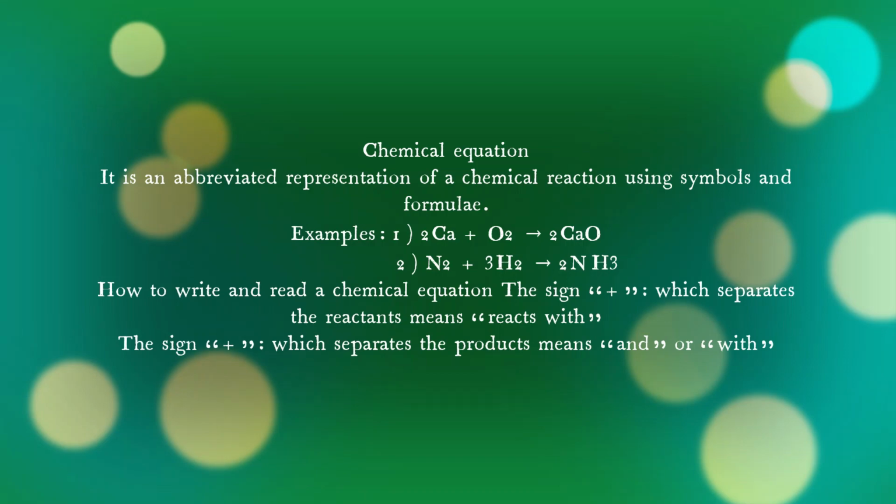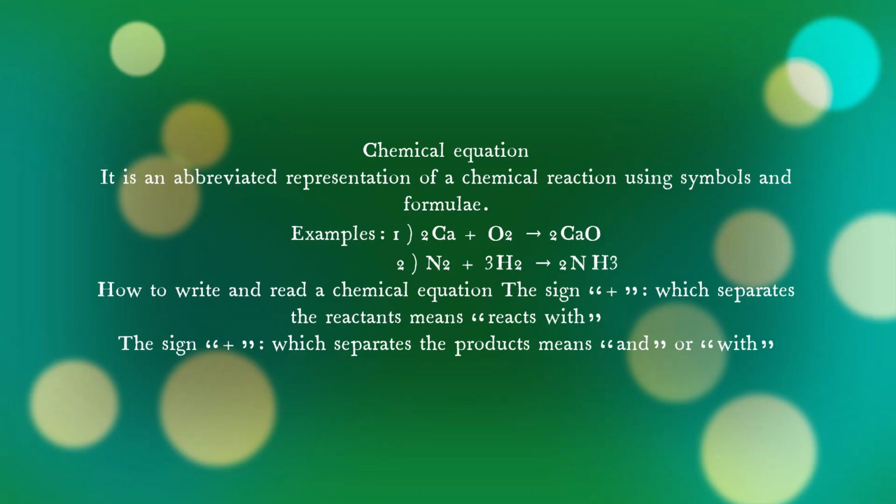They get transformed. It means the total mass remains constant during a chemical reaction. There is no change in mass. In other words, the total mass of the reactants is equal to the mass of the products formed.